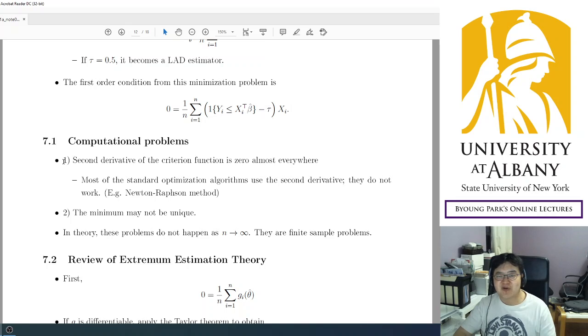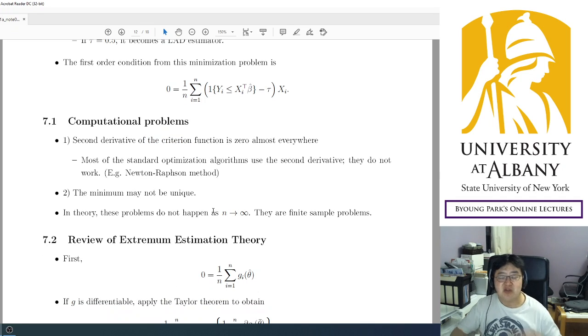You are going to use some program, and the program will solve these problems easily. Just in case your program does not work, it could be one of these two reasons. There may be additional problems, but in general, I think these two are the most fundamental.